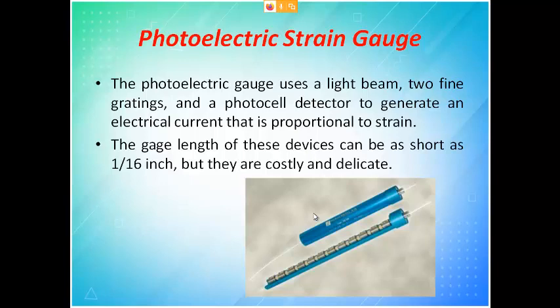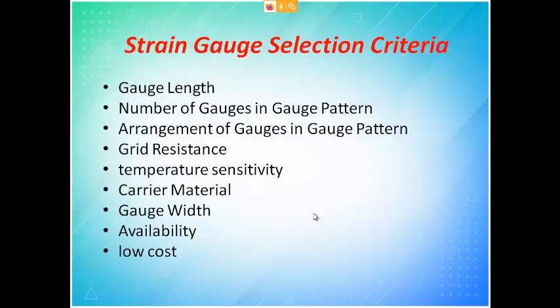If the intensity is more, then more electric charge will be generated. Inside this photoelectric gauge, you have an arrangement such that depending upon the light intensity, the arrangement inside will go for compression or expansion. Okay, so that is with respect to the photoelectric strain gauge.